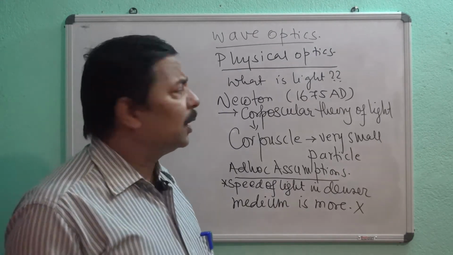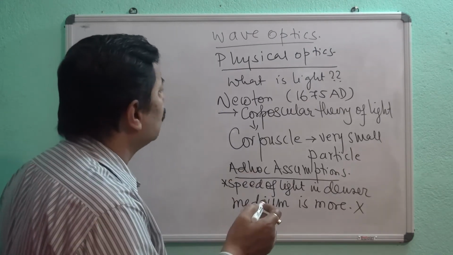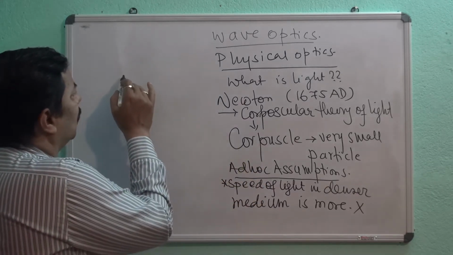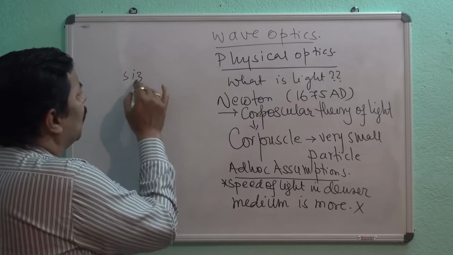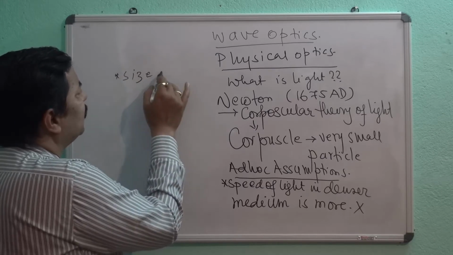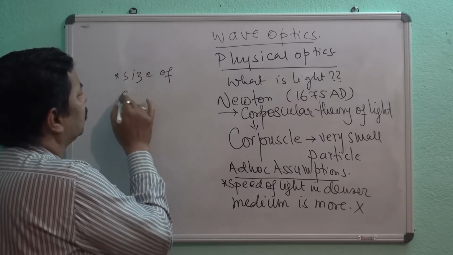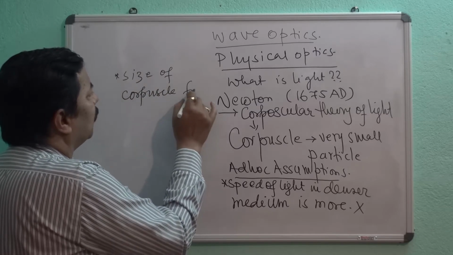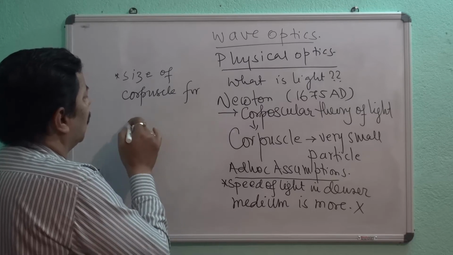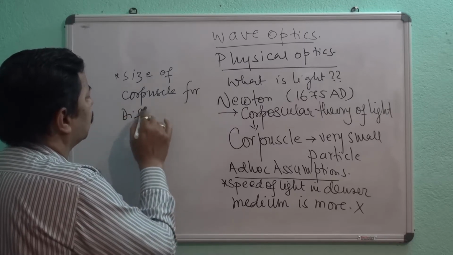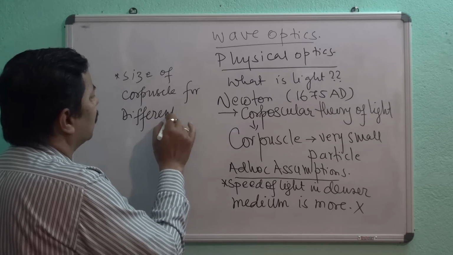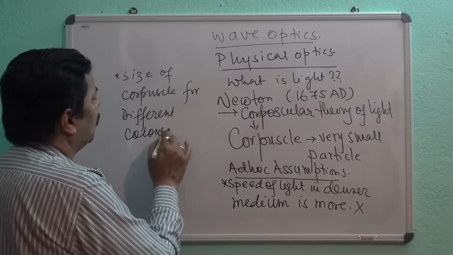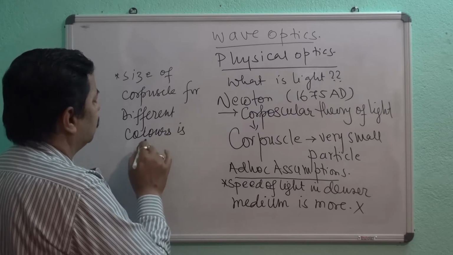And in order to explain colors, he assumed that the second assumption was that the size of the corpuscle for different colors is different.